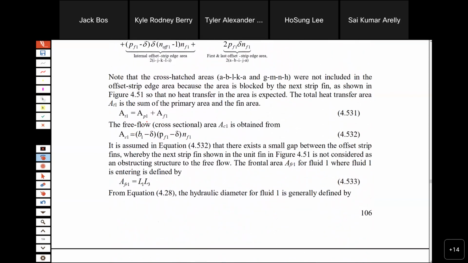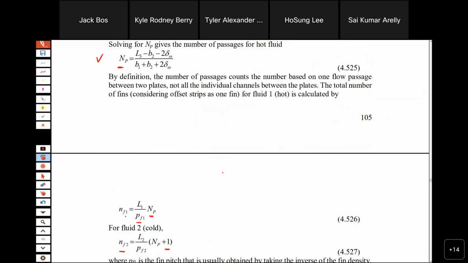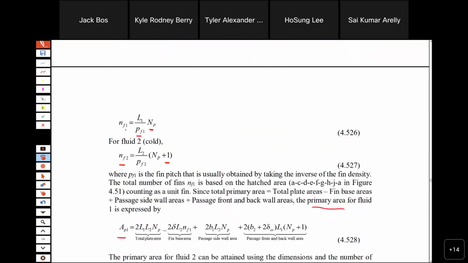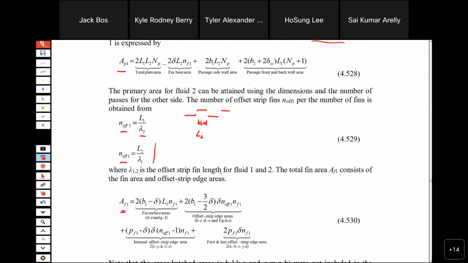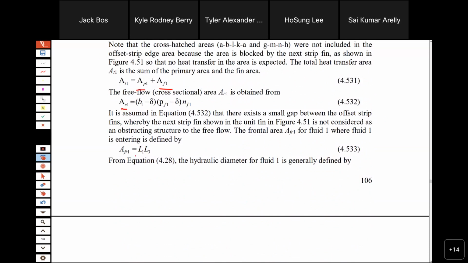So total is primary and the fin, and the cross flow area also we can figure out. Cross flow is a flow area, the flow cross flow area. Okay, we can figure that out. As long as we can figure out the cross flow area, and then the frontal area is L1, L3.